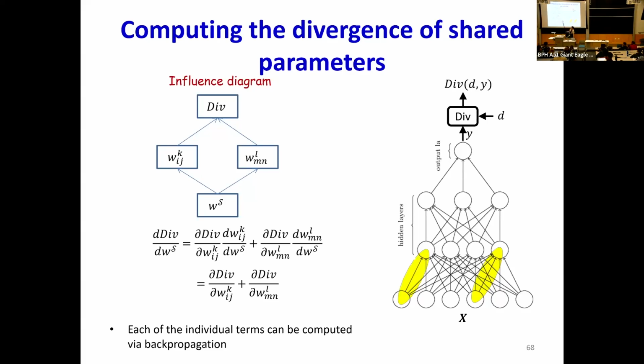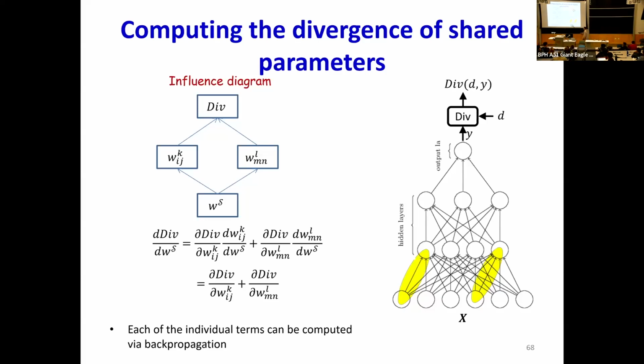And now what is dWLMN over dWs? Anyone? Milk tank, what's the answer to that? What is the derivative of Wijk with respect to Ws? Milk tank is not present. Okay, Venomoth, what's the answer?